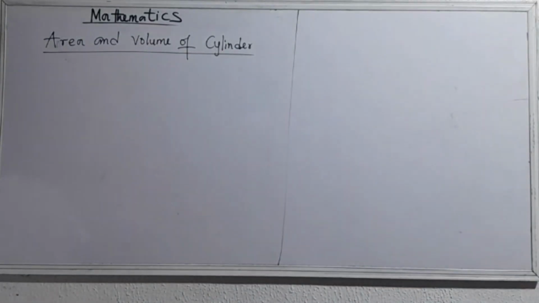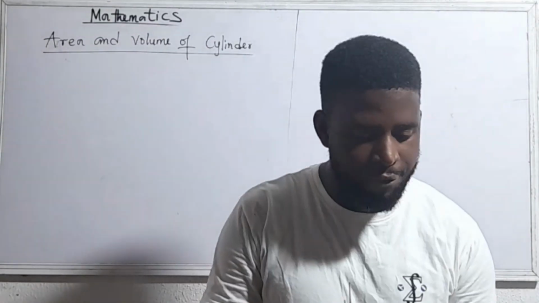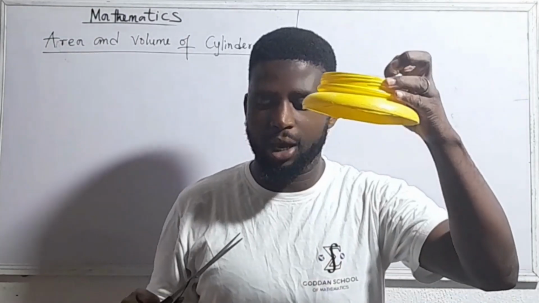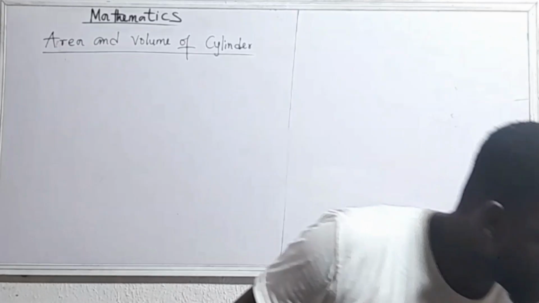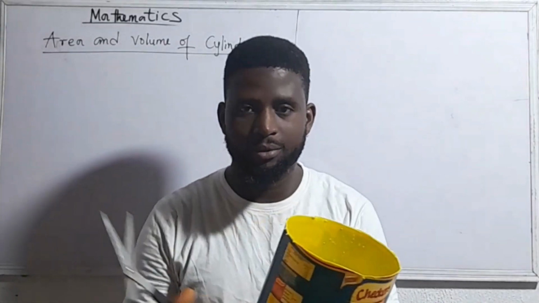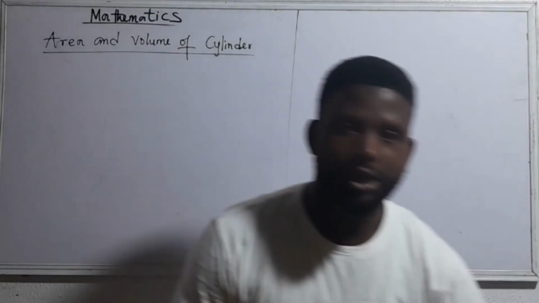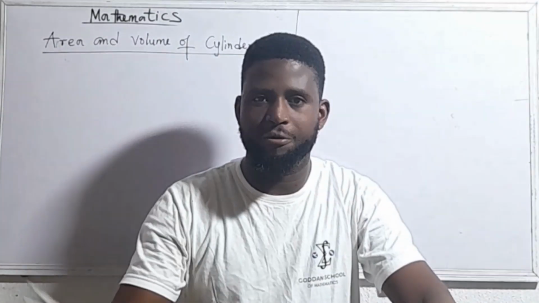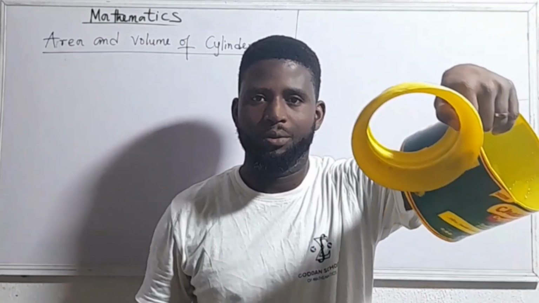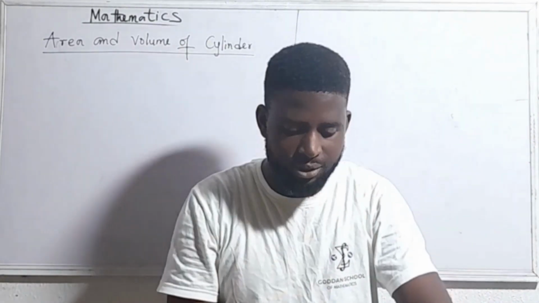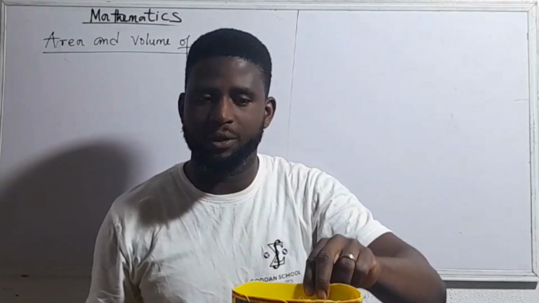Now, if I detach the top circular face, so this is the circular top, right? Now, I also detach the circular base. So now, a cylinder is made up of three surfaces: the top circular face, the base circular surface, and then a curved surface.